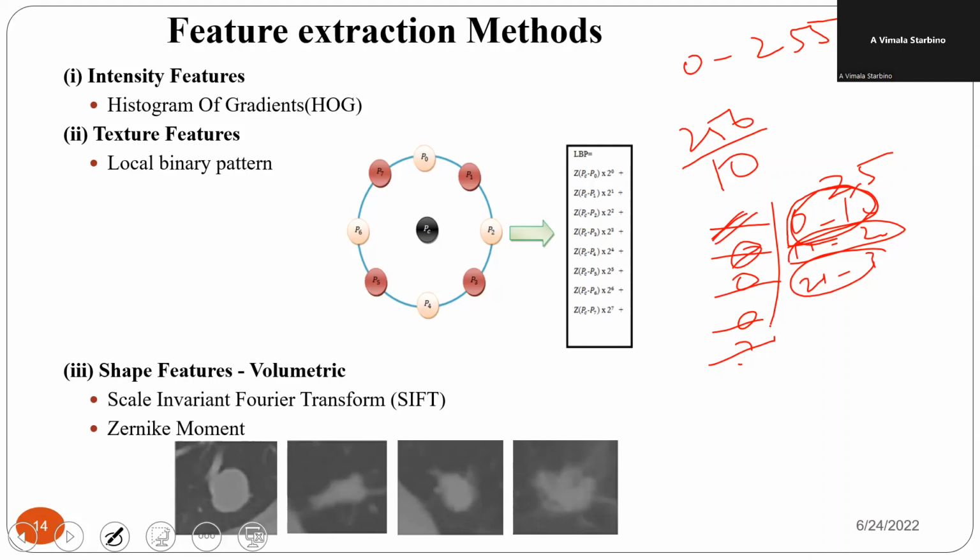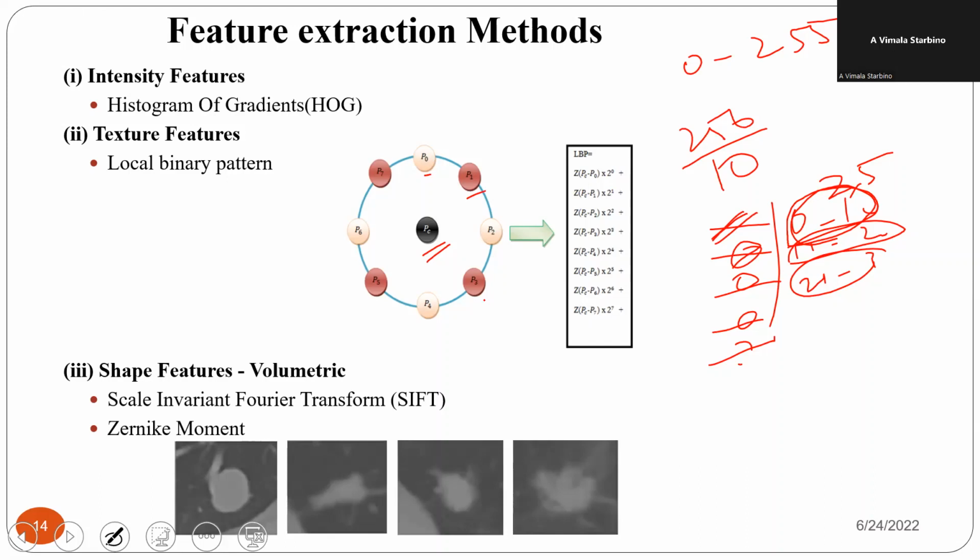There are many methods, but local binary pattern, LBP, is a method where we can get good results. Here, Pc represents the central pixel, and P0, P1, P2, P3 are the neighboring pixels.